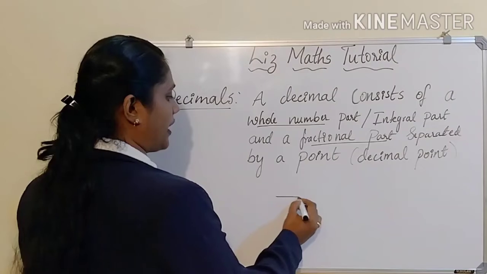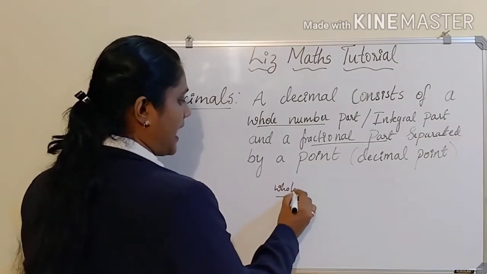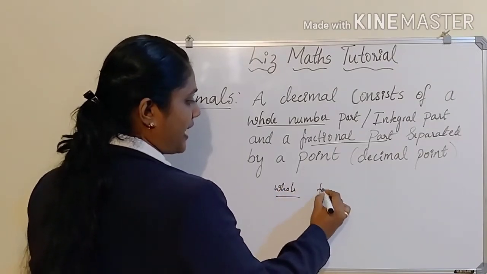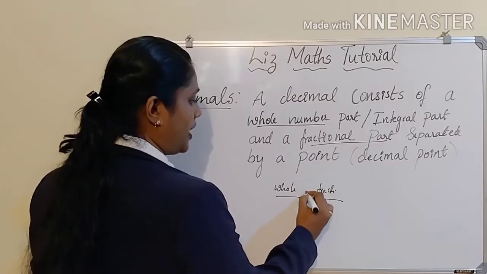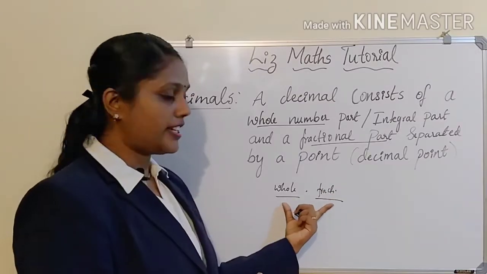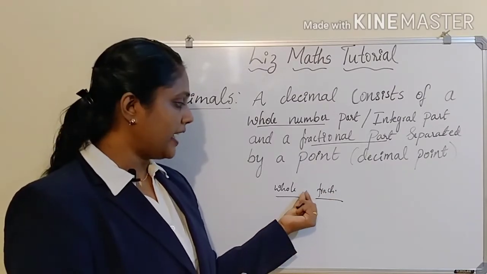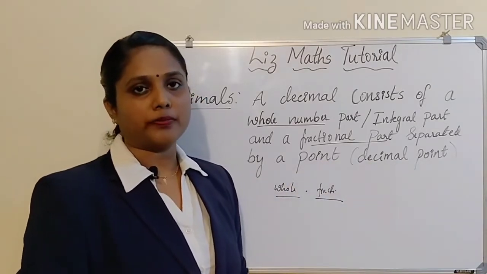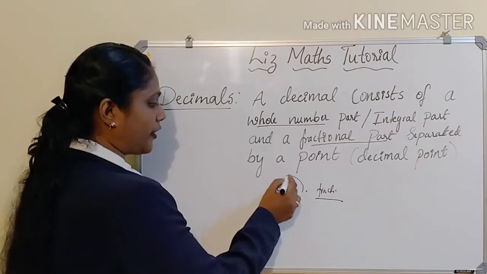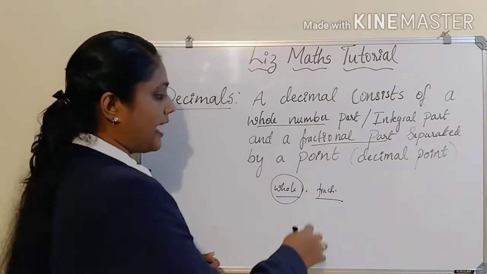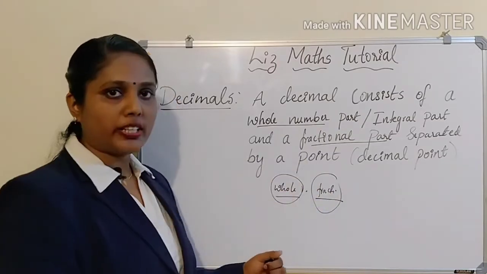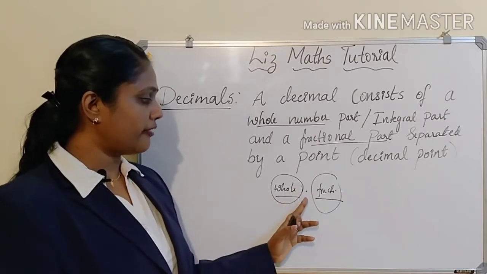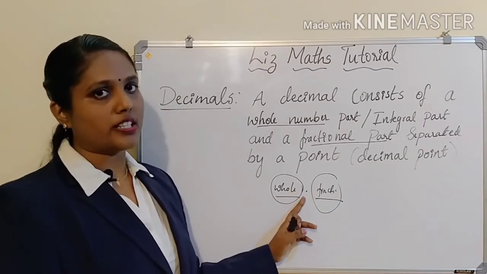Here you can write the whole numbers, and here you have the fractional numbers. In between, these two are separated by a point. That point is called a decimal point. Here you can write any whole number, and here you get the fractional numbers, and in between you can find a point that is called the decimal point.